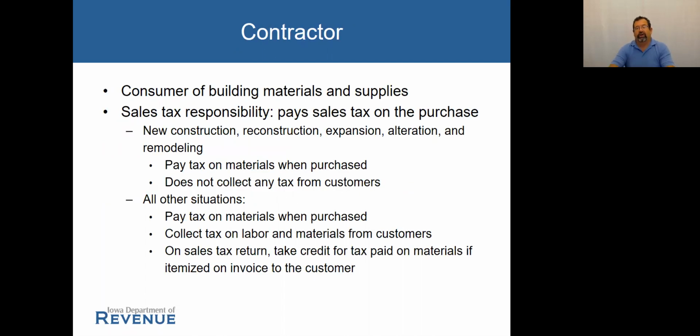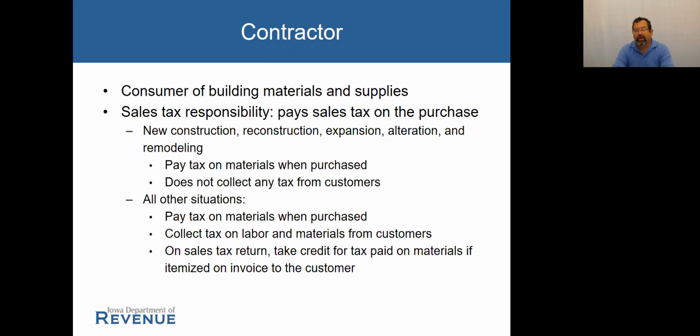First, the contractor, a general contractor, is a consumer of building materials and supplies. A contractor is required to pay sales tax on the purchase of those materials. For new construction, reconstruction, expansion, alteration, and remodeling, the contractor will pay tax on materials when purchased, but does not collect any tax from customers.